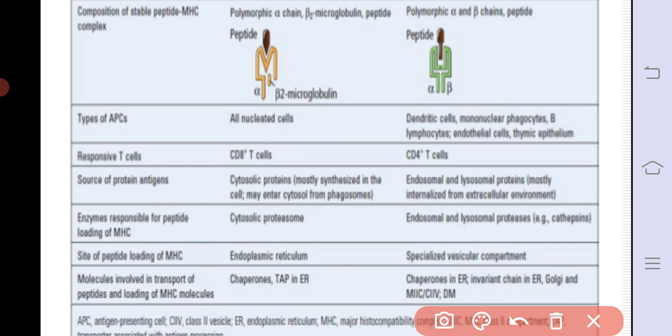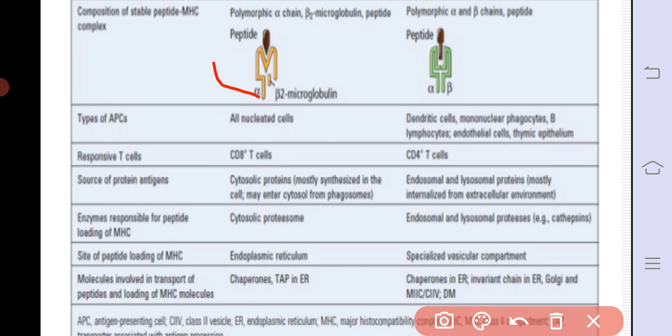This is a loaded peptide antigen, and it will be shown to the CD8 plus cell, or T cytotoxic cell. After the peptide antigen is presented by the class I molecule to the CD8 plus cell, it interacts with the alpha 3 domain of the class I molecule and binds, and after binding they carry out their reactions in different ways.